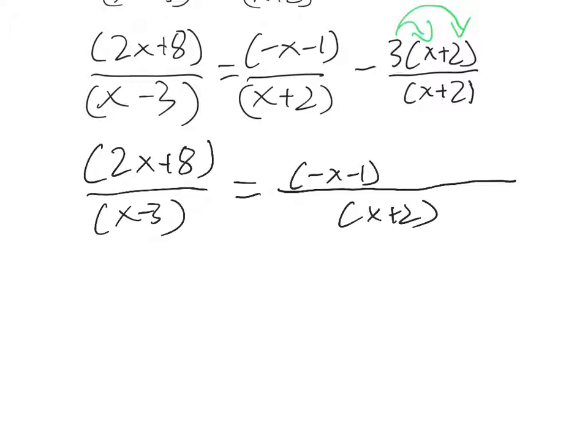And then after I distributed that 3 out, I have 3x plus 6. Now, I only distributed the 3 and I didn't distribute the negative, so be careful with that. I still left that negative sign right here. Okay.